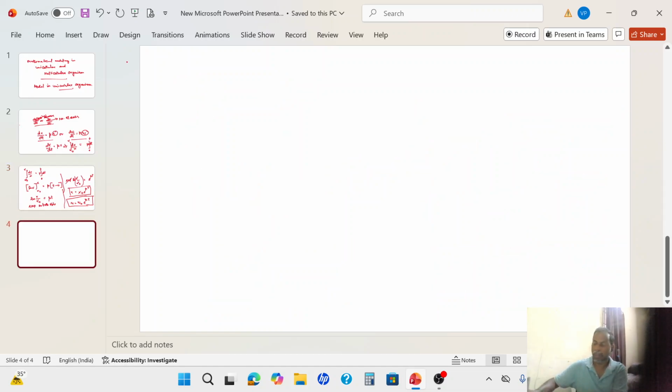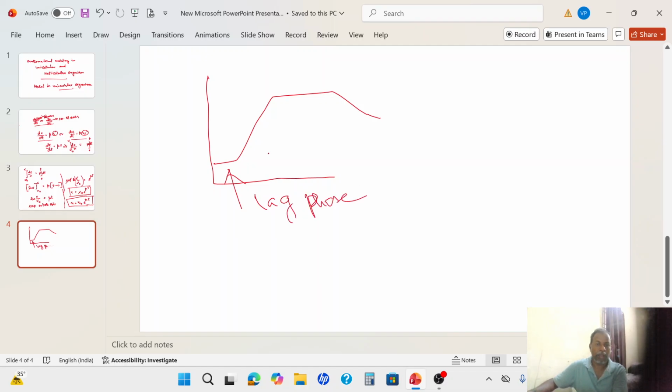So in unicellular organisms, the growth pattern is going to be like this. This is called the lag phase. This is the exponential phase, or trophophase.